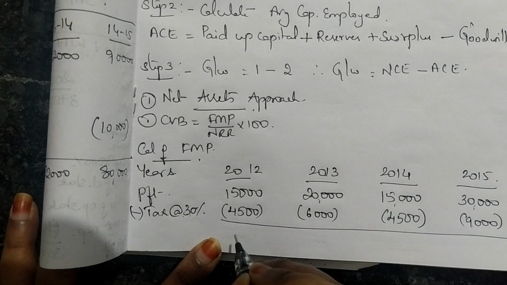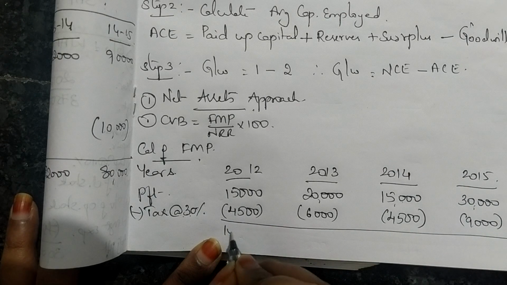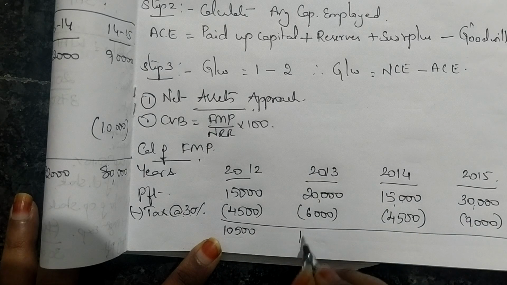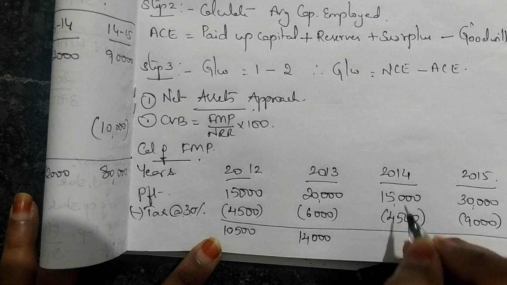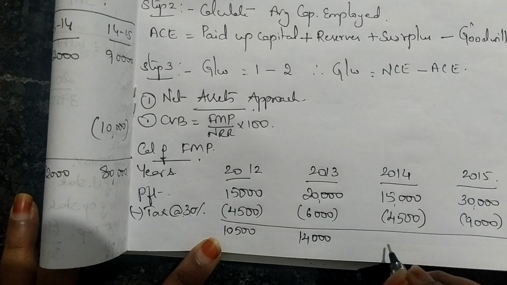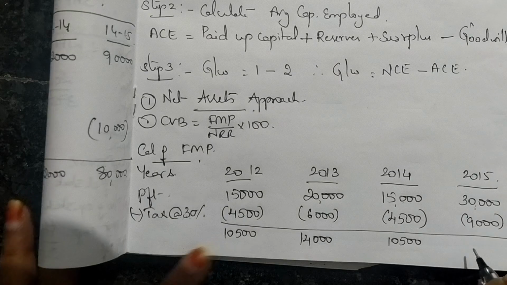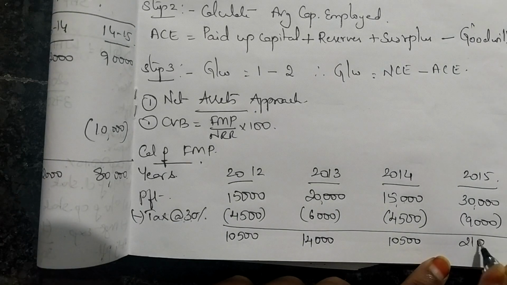So 15,000 minus 4,500 will give you 10,500. 20 minus 6 is 14. 15 minus 4.5 is again 10,500. 30 minus 9 is 21,000.